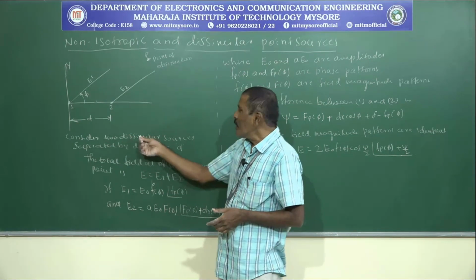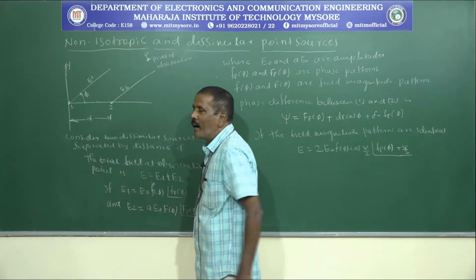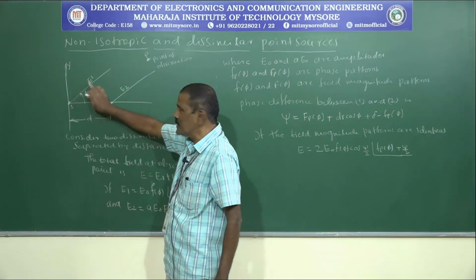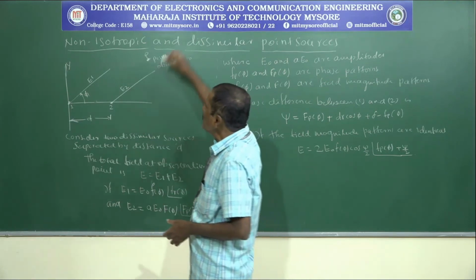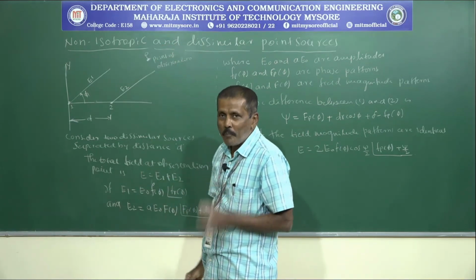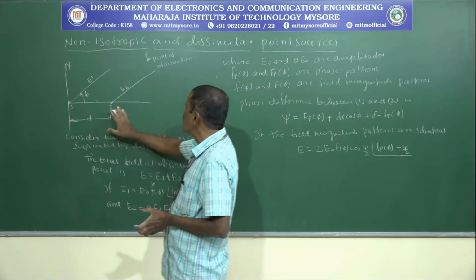Now consider two dissimilar sources separated by a distance d, the field produced by source 1 is E1, the field produced by source 2 is E2, and at the point P we are observing the total field produced by source 1 and source 2.